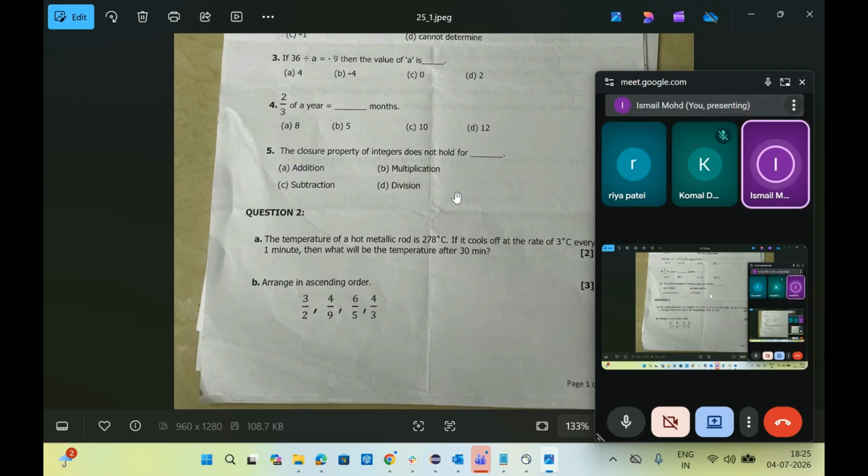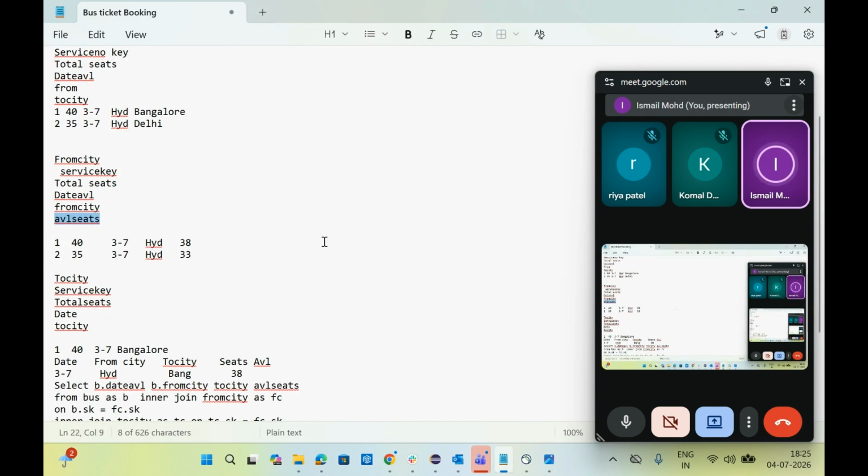The closure property of integers does not hold for which one? Now, first of all, tell me what is closure property. What do you mean by closure property of integers?